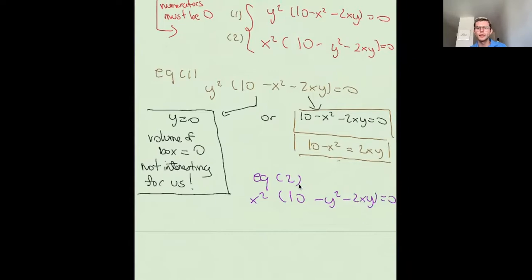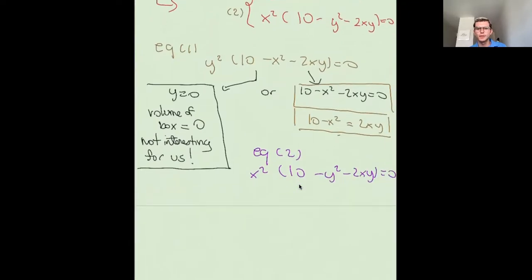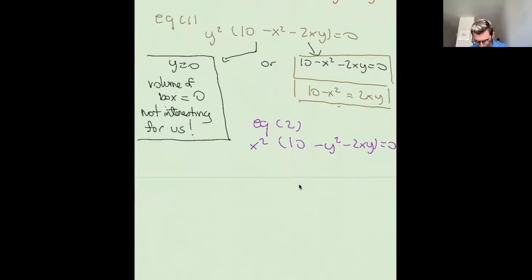So again, you have two possibilities. You have a possibility where x equals 0, right? Or 10 minus y squared minus 2xy equals 0. Right, but what happens if x equals 0? It's the same situation, right? The volume would be 0.